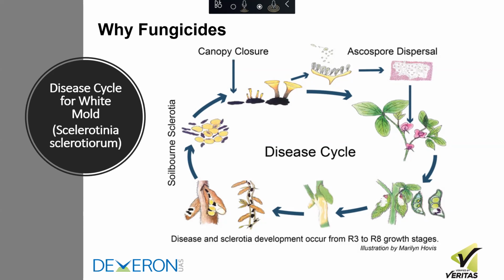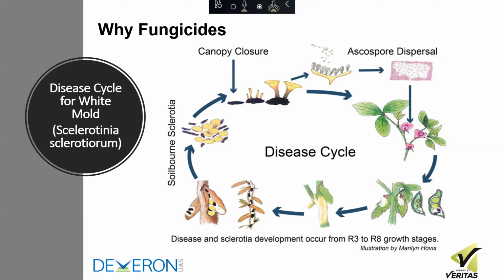One of the challenges is that there are a lot of broadleaf weeds that are also susceptible to it. So even if you're not growing a crop that is susceptible to white mold, you may have weeds in your field that are allowing the population of the disease to build up.